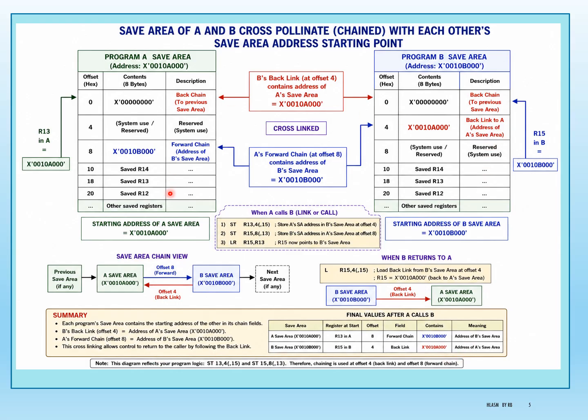All we are doing is first ensuring that each save area knows where it is being called from and what it is calling, and once we set up this forward and backward integration, we are redirecting R13 to the latest program that is getting executed. This continues if program B calls C and program C calls program D. You can pause the video for a minute and go through all this content.